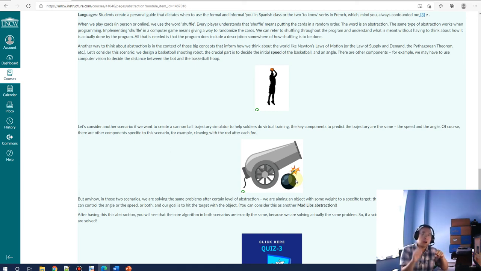And once you are able to solve one problem, you can use the idea of abstraction so that you have a solution not to one specific problem, but to a family of problems. If you understand that shooting a basketball and firing a cannon belong to the same family of problems, now you've got the idea of abstraction.